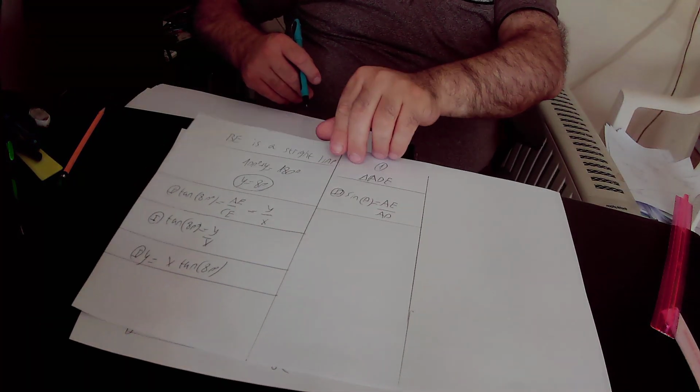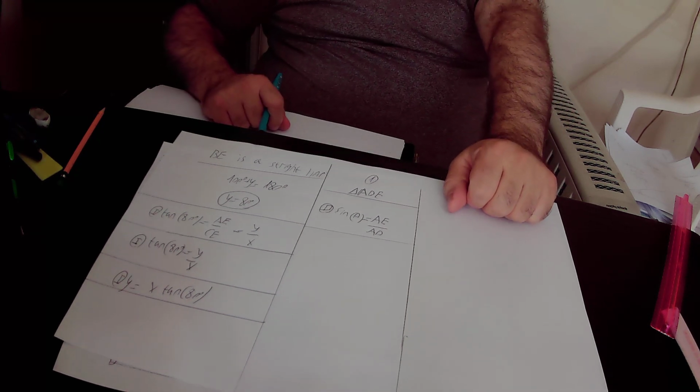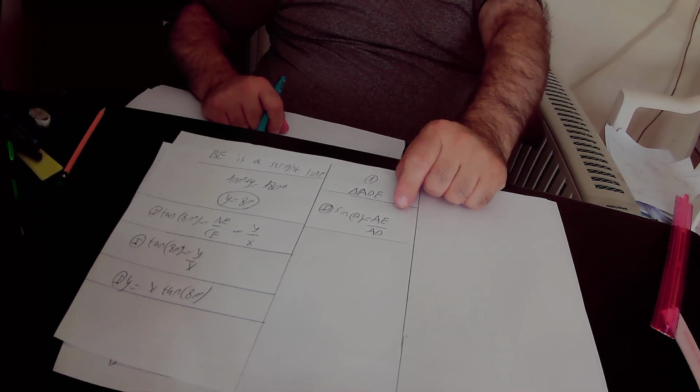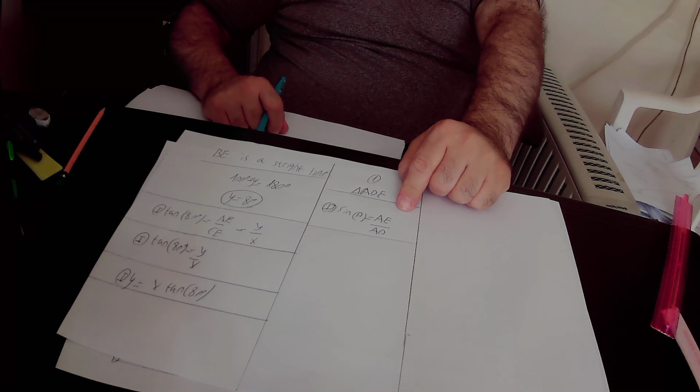On the right triangle, triangle ADE, the value of sine theta will be equal to AE over AD.